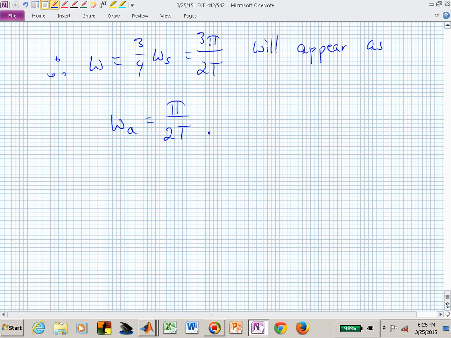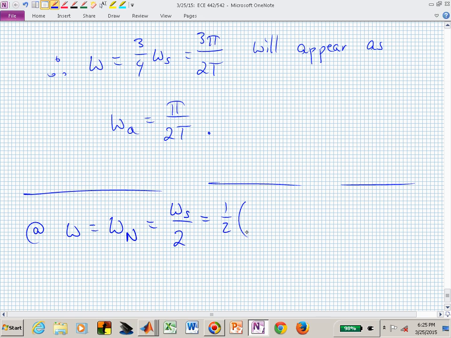What happens if somebody said, well, what's the frequency when we're right at the Nyquist? Suppose omega is omega sub n, which is omega sub s over 2.